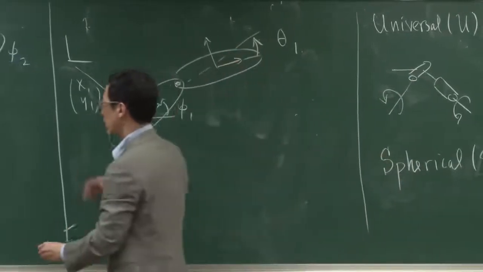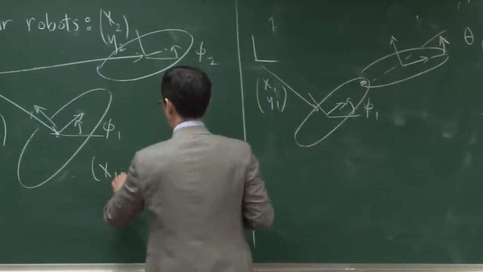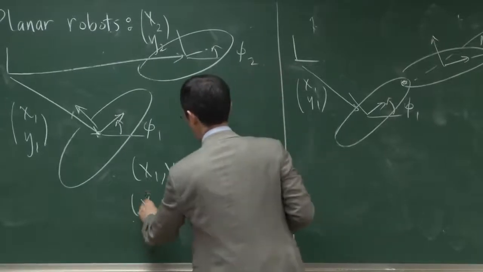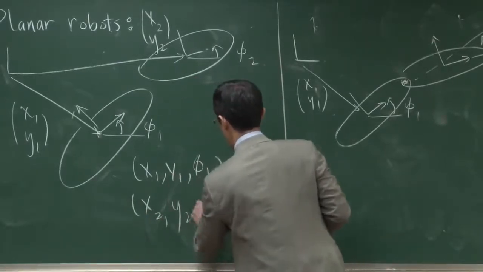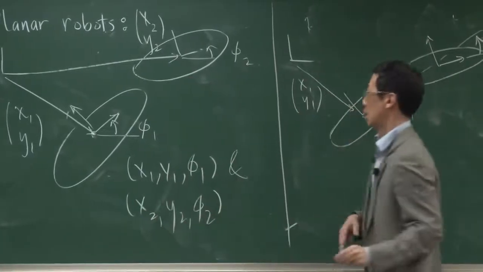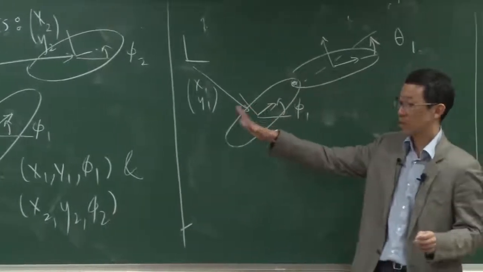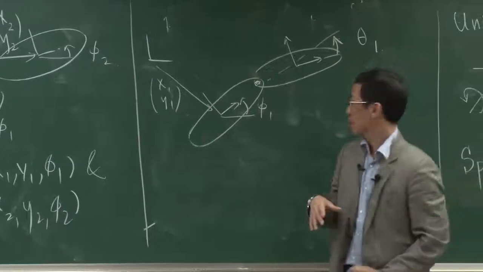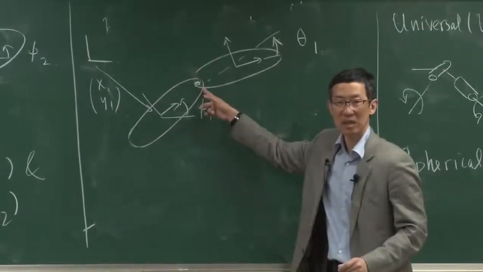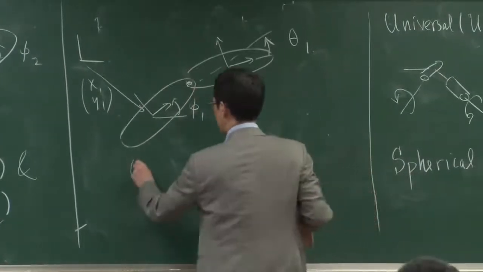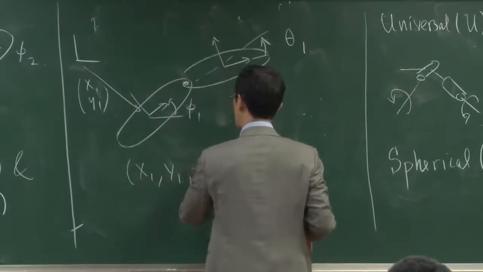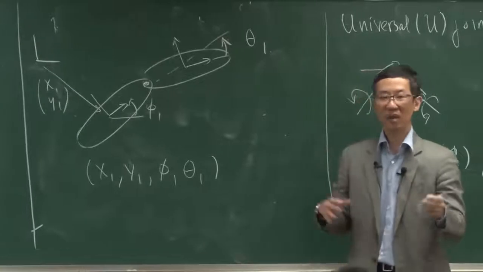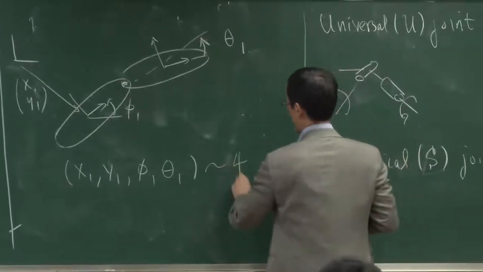Here we needed all this information to describe the position and orientation of the two independent links. If they're connected by a joint, we only need x1, y1, phi1, theta 1. So we need only 4 parameters here.